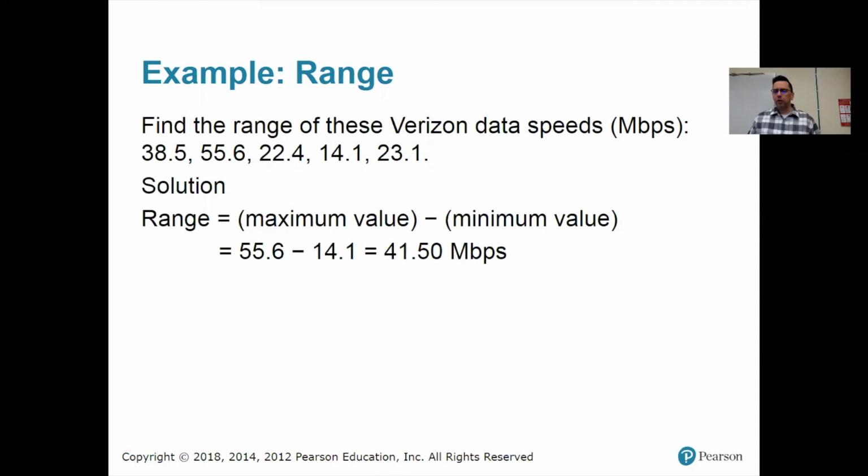The difference comes out to 41.5, but I'm going to report it as 41.50 using that round-off rule. Because these data values all end in 1 decimal place, I'm going to report the range using 2 decimal places.